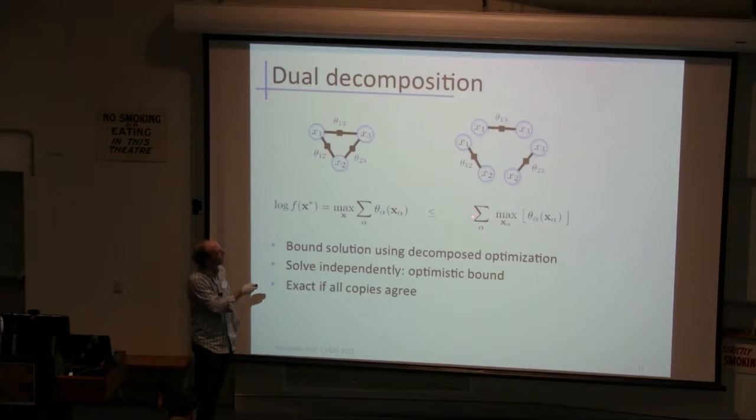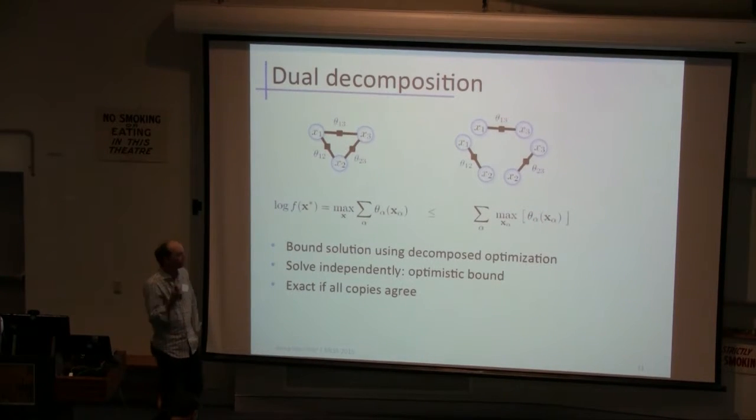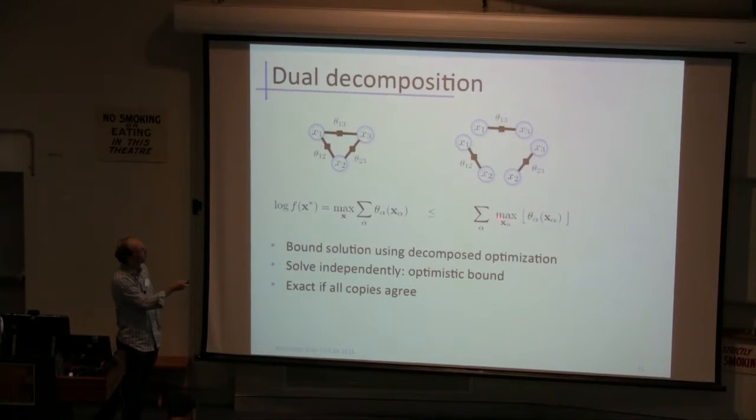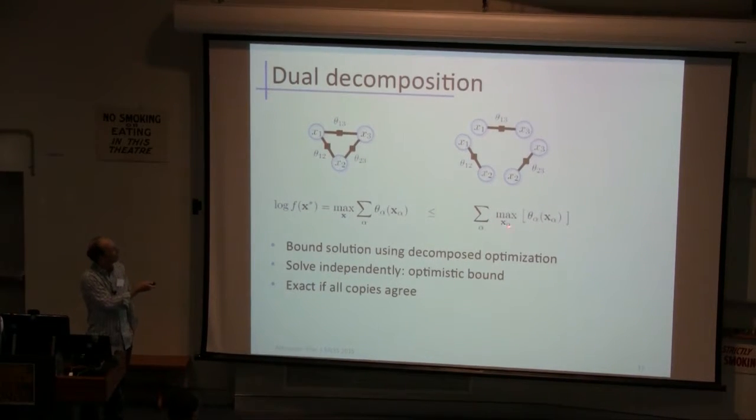Our relaxation of that will be to just individually maximize each one of these functions. Since each function can take on a configuration that's inconsistent with the other functions, this is an upper bound on our true optimum. So this is a very straightforward bound to see.